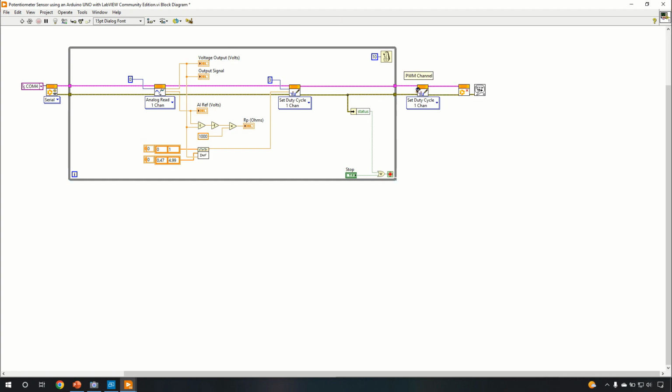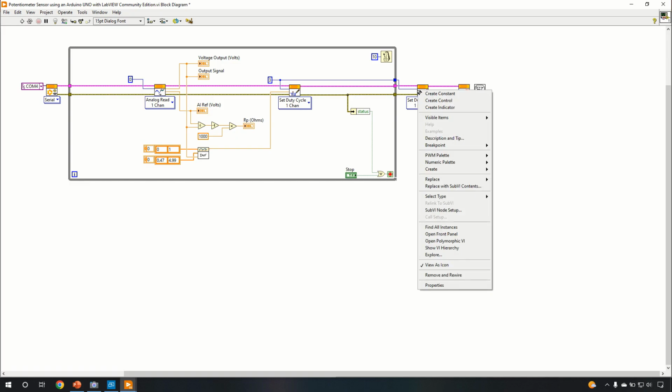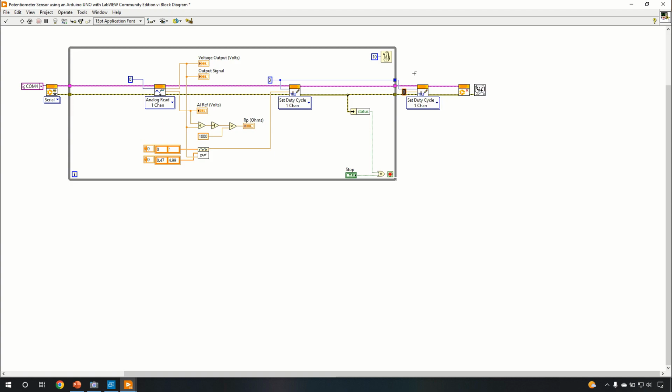And this is something very important whenever we're dealing with actuators. We need to make sure that we turn them off whenever we exit the while loop. Otherwise, they will be operating even after we stop our code. And this is something problematic, especially whenever you have motors operating or other actuators. So here we'll set the duty cycle to 0.